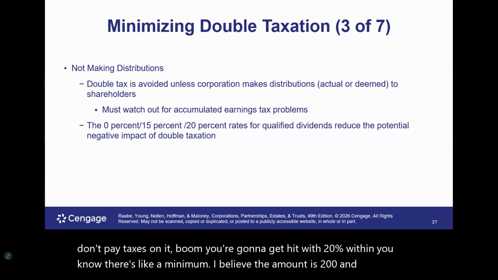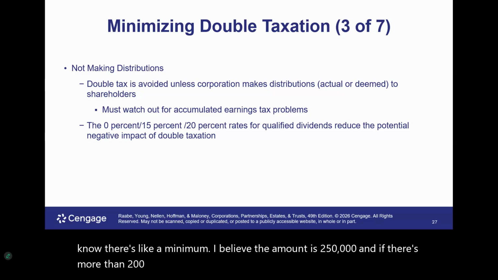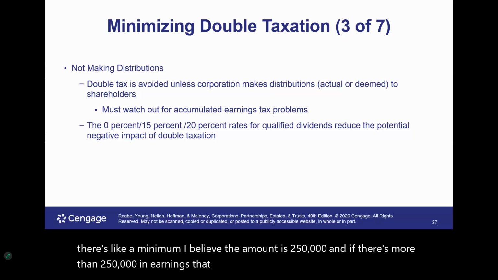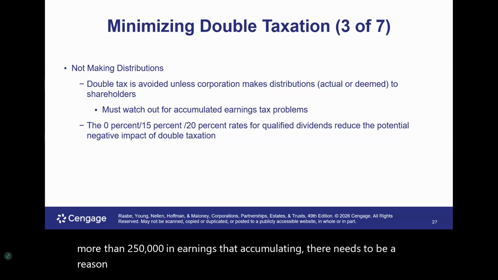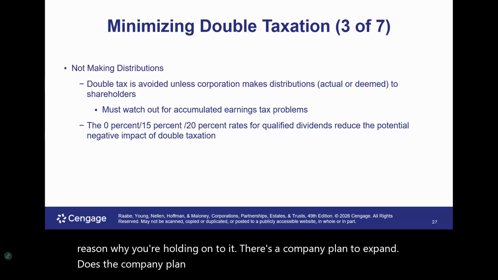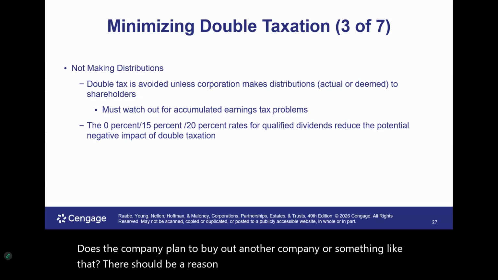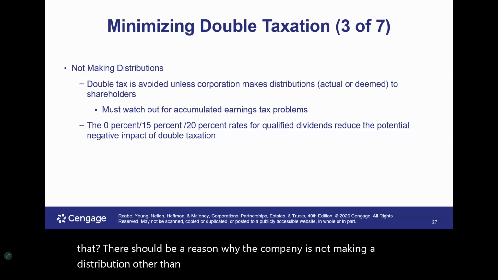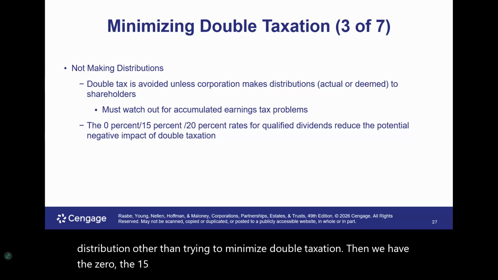If more than 250,000 in earnings is accumulating, there needs to be a reason why you're holding on to it. Does the company plan to expand? Does the company plan to buy out another company or something like that? There should be a reason why the company is not making a distribution other than trying to minimize double taxation. Then we have the 0, 15, 20% qualified dividend rates, which reduce the potential negative impact of double taxation.